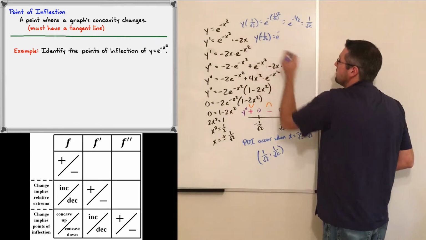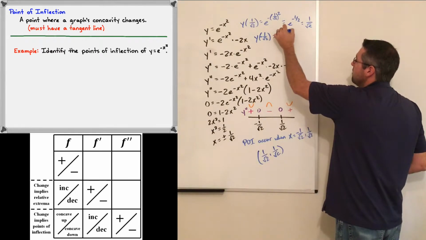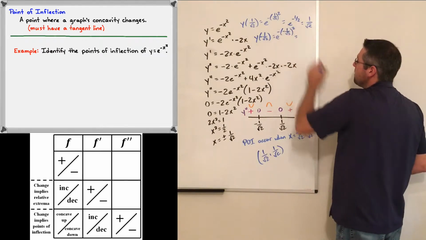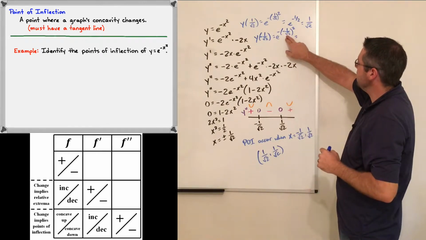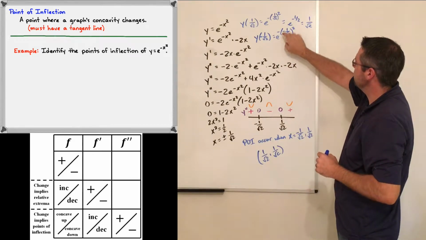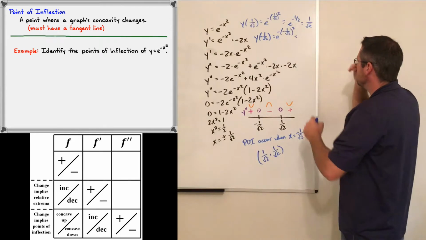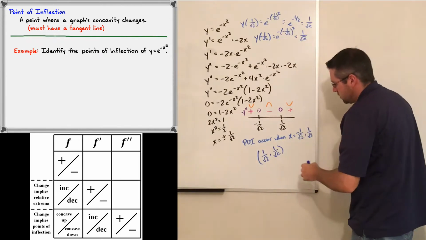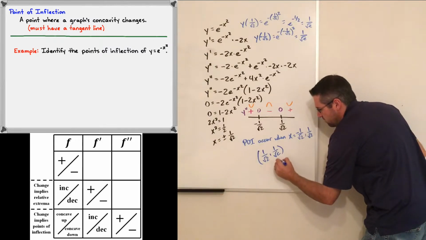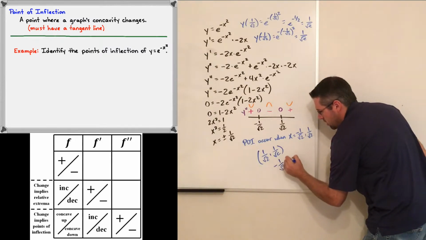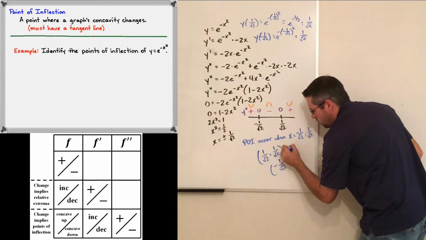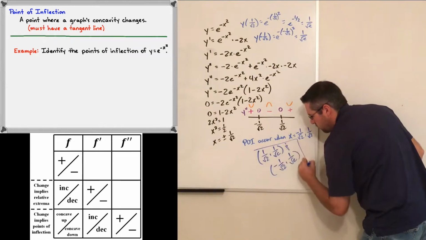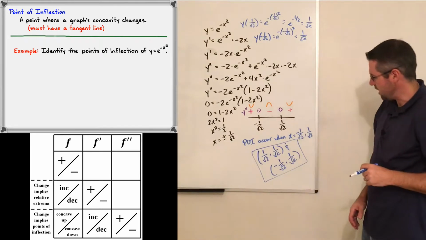Now we'll plug in our negative value, so it's negative of -1 over rad 2, and then square that. But again, when we square the negative, the result is exactly the same. So our answer ends up being exactly the same, 1 over rad e. So our second answer is 1 over rad 2, comma 1 over rad e. So these are our two coordinates for which we have a point of inflection.